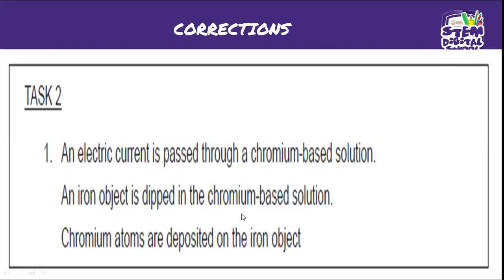And the chromium atoms are deposited on the iron object. Fantastic. So when this is done, the iron object will no longer undergo corrosion. So if you got this right, you are perfectly correct and 3 marks there.